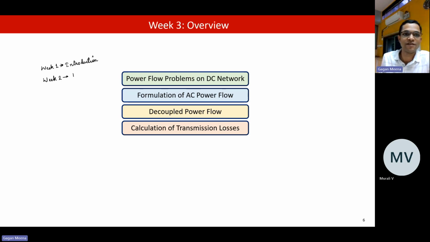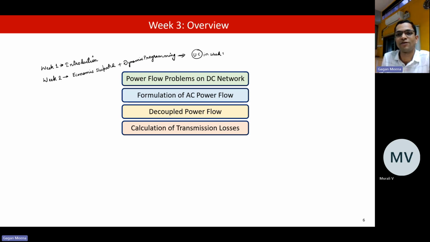Then week 2 was on economic dispatch, plus dynamic programming. The dynamic programming concept which we learned in week 2 will be used to solve the unit commitment problem in week 4.